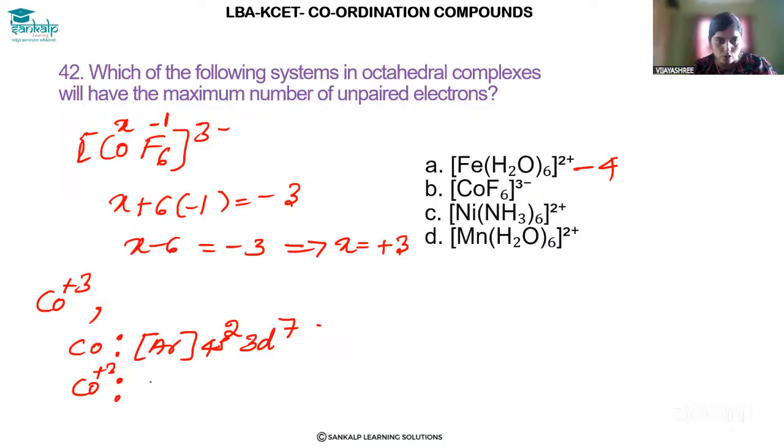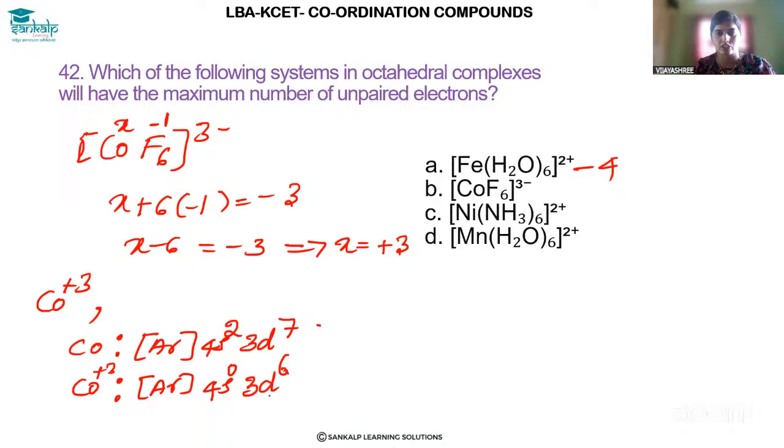Therefore, the electronic configuration will be argon 4s0, because 2 electrons are lost from the s subshell and 1 electron is lost from the d subshell. So I write it as 3d6.